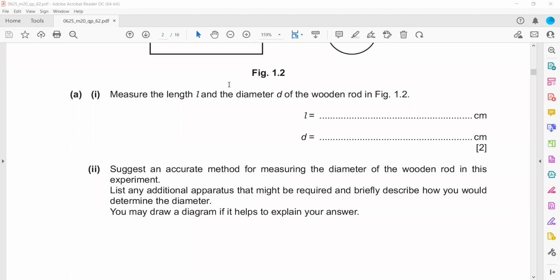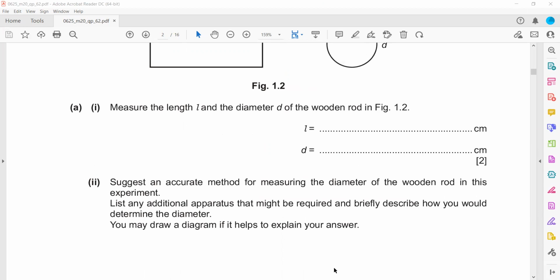Suggest an accurate method for measuring the diameter of a wooden rod. In this experiment, list any additional apparatus that might be required and briefly describe how you would determine the diameter. You may draw a diagram. So how can we measure the diameter as accurately as possible? So we can mention a micrometer, use a micrometer, that's true.